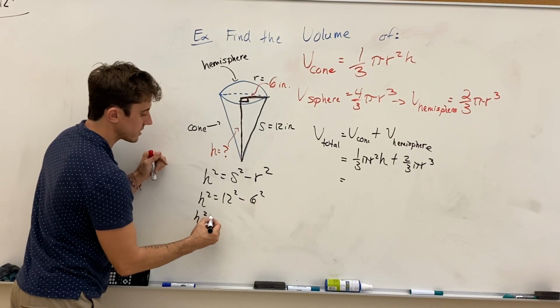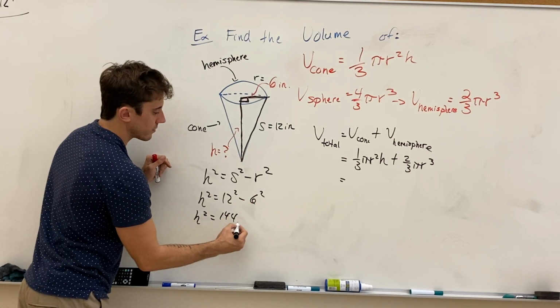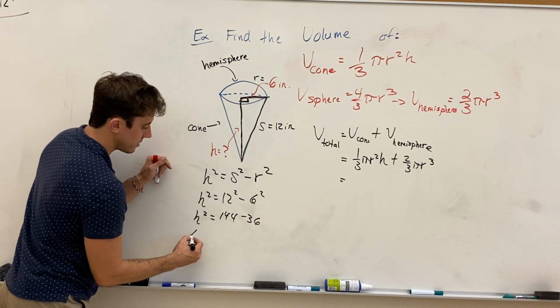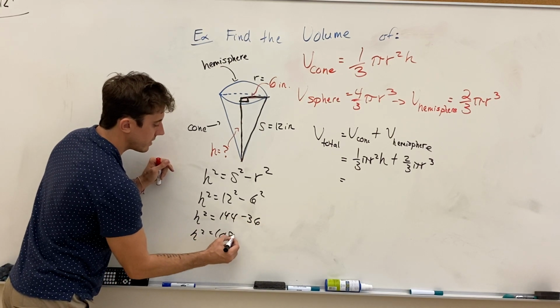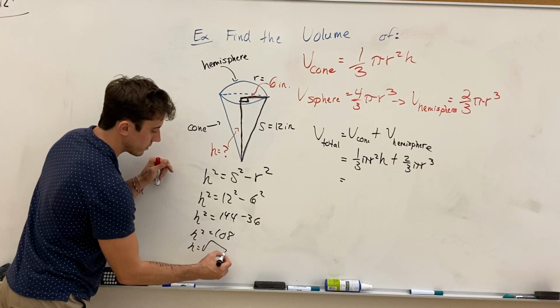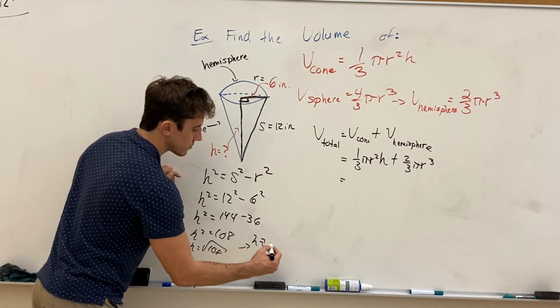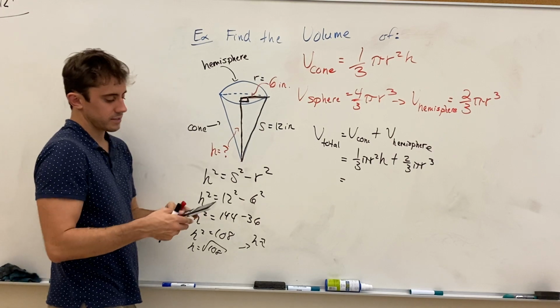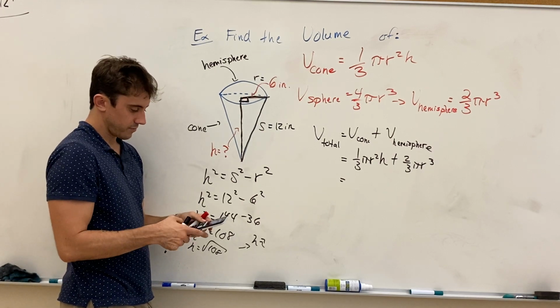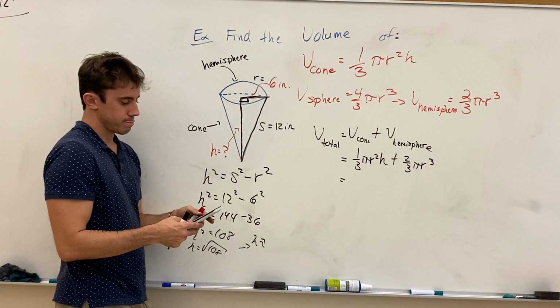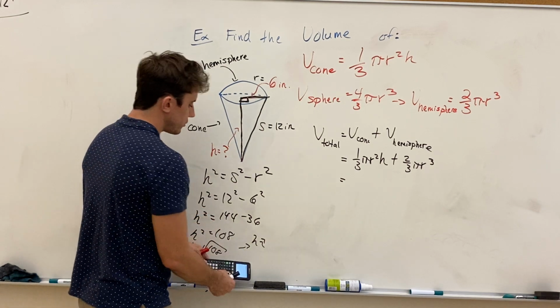You guys have seen this many times before, I'm sure. 144 minus 36, so h squared is equal to 108. So h is the square root of 108, and we get that h is roughly 10.39. I'll keep 2 decimals this time.